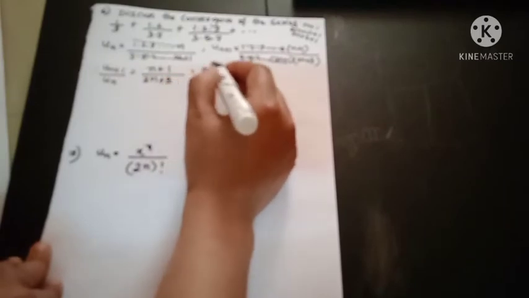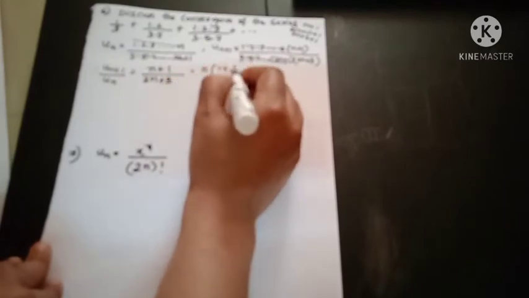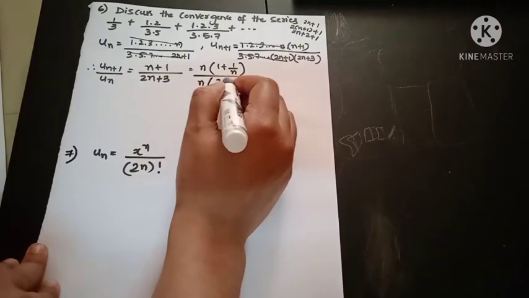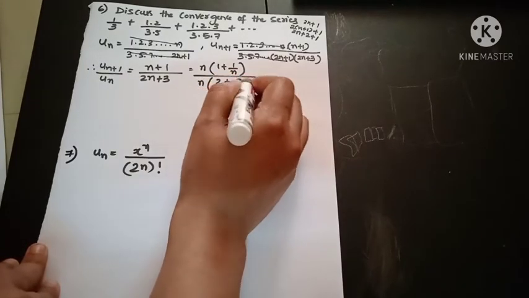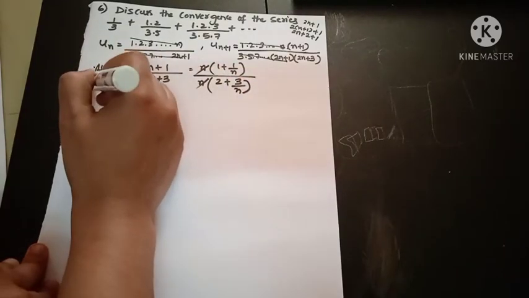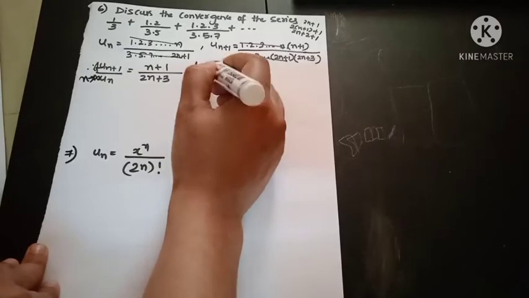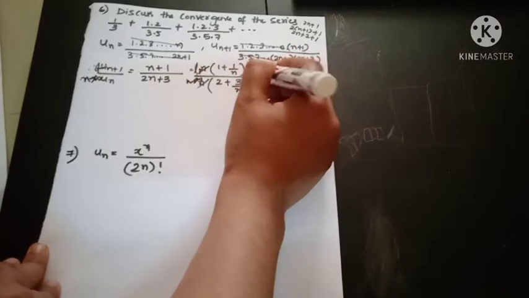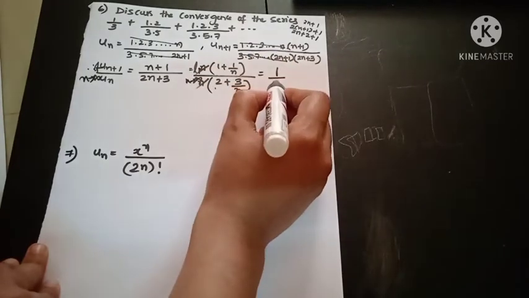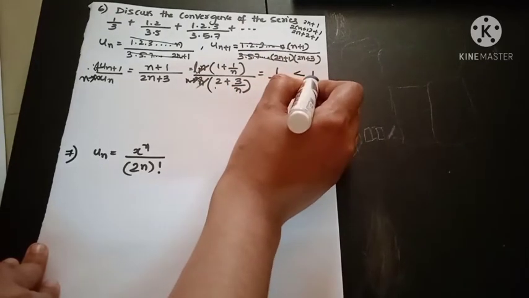If I take n outside, we get 1 plus 1 upon n in the numerator, and taking n outside in the denominator, 2 plus 3 by n. If you apply limit n tends to infinity, this is nothing but 1 upon 2, which is less than 1.